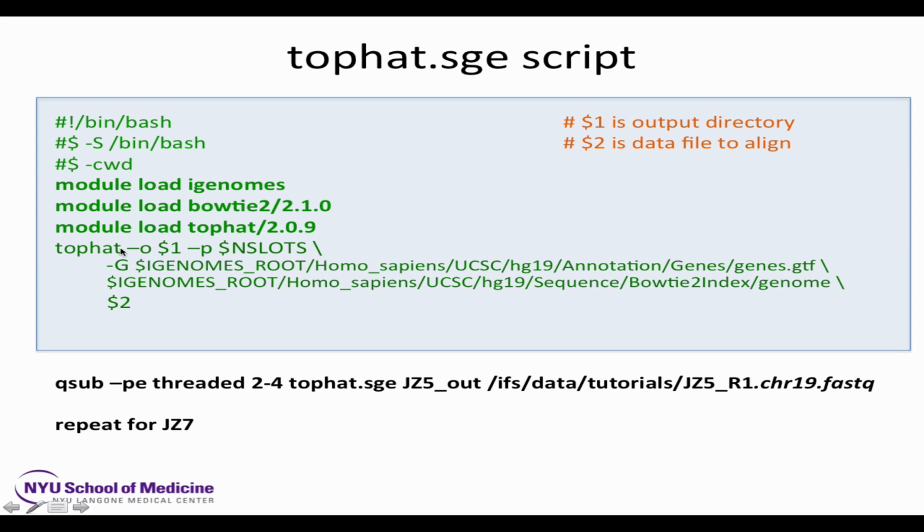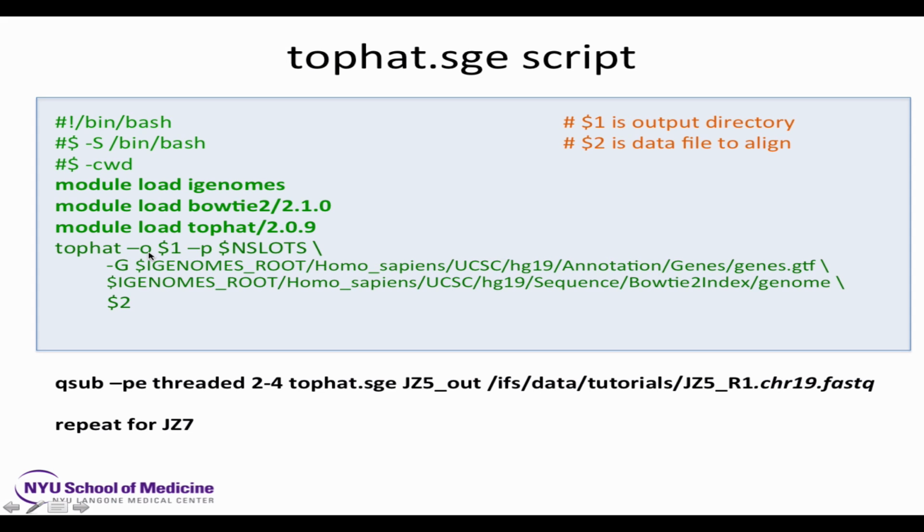Now we're going to type a TopHat command. These backward slashes indicate that it's a line break. You can type them or ignore them and just let the line breaks fall where they want on your terminal. But we're going to do TopHat -O, and the -O refers to the output. And I'm putting a variable here, a $1.